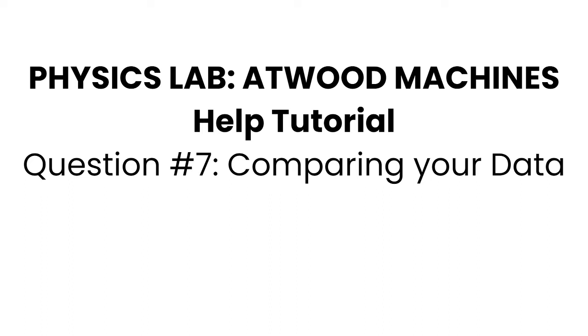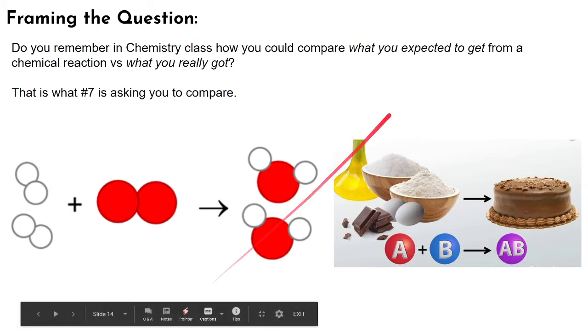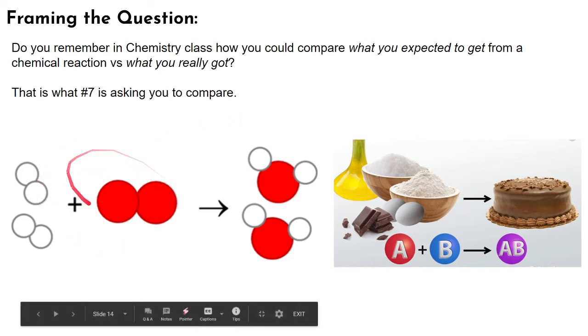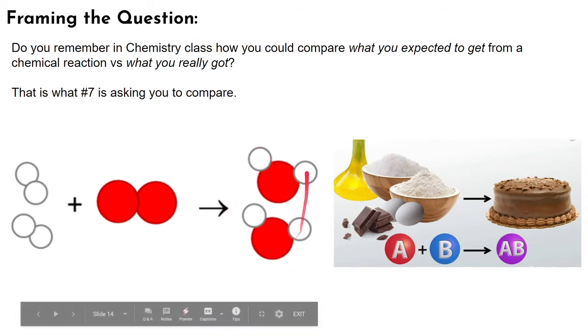All right, so let's frame this question first off. Let's actually go back to when you took chemistry. If you remember in chemistry class, a lot of the times for a chemical reaction, you would compare what you expected to get based on what you started with to what you really got. If you are combining some molecules together, based on how much you start with, you expect a certain number of products, right?